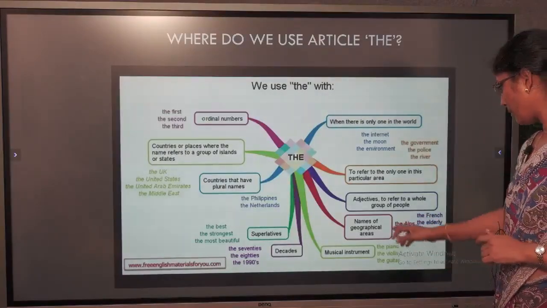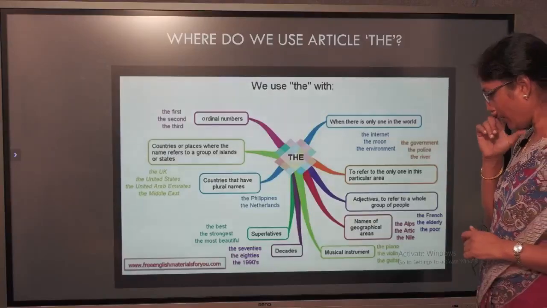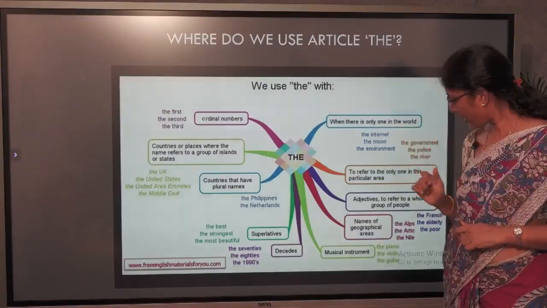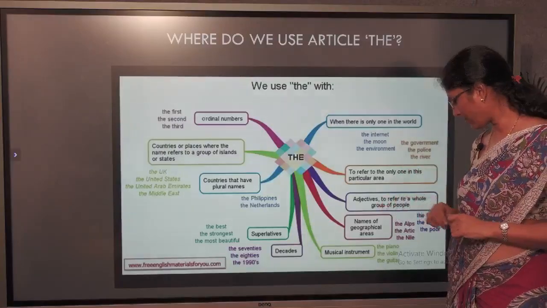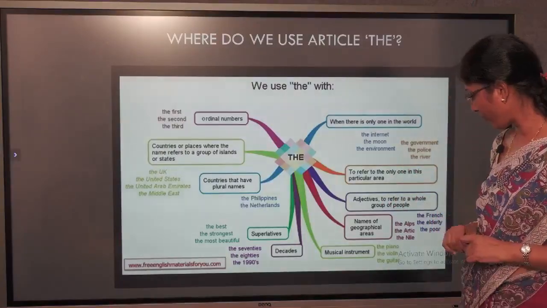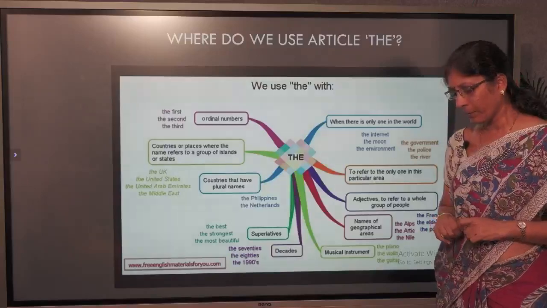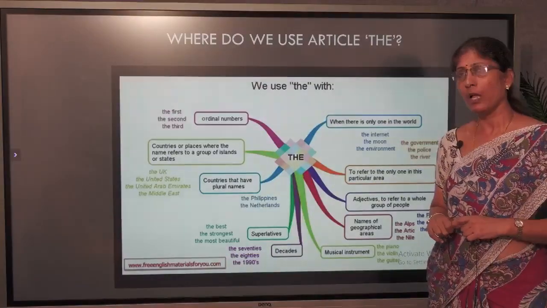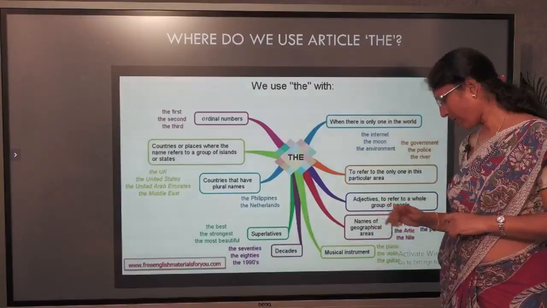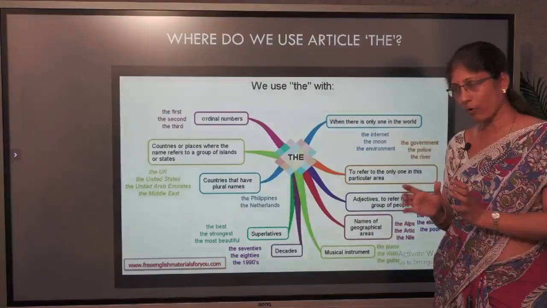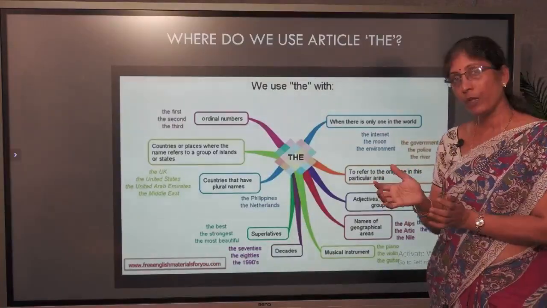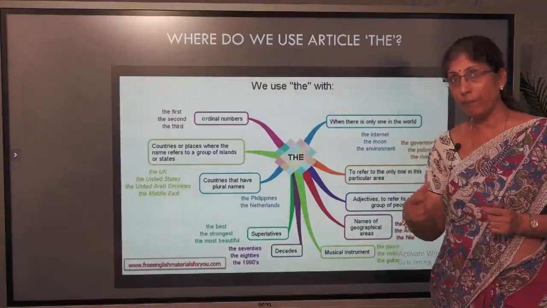Next, musical instruments. Why should the specific article be before musical instruments? I referred and got some information that when we say piano or guitar or violin, we are not talking about the musical instrument itself. I am learning the piano.